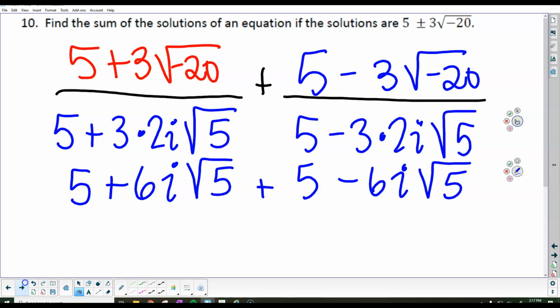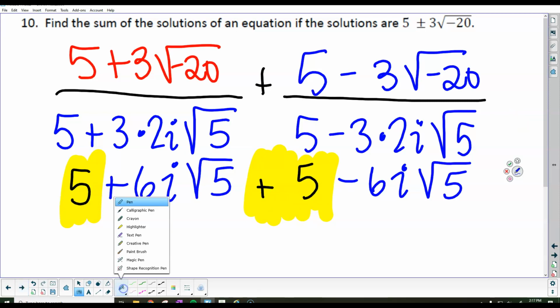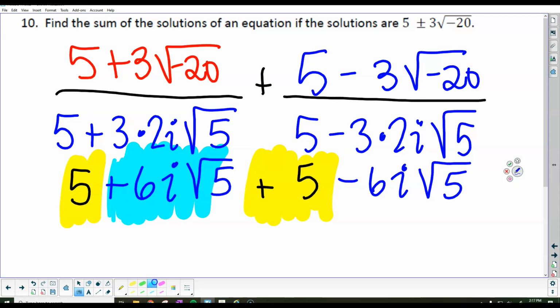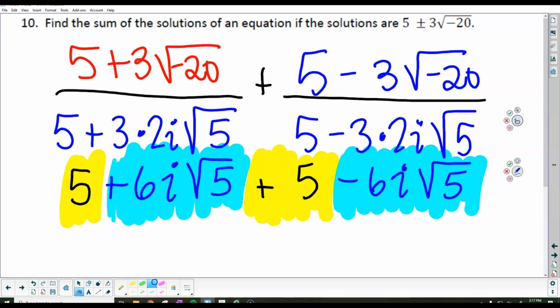I'm going to highlight my real and my imaginary. What do you guys notice about the imaginaries? Same thing as problem 9. They cancel out. So the answer is real here again also. It's just a 10.